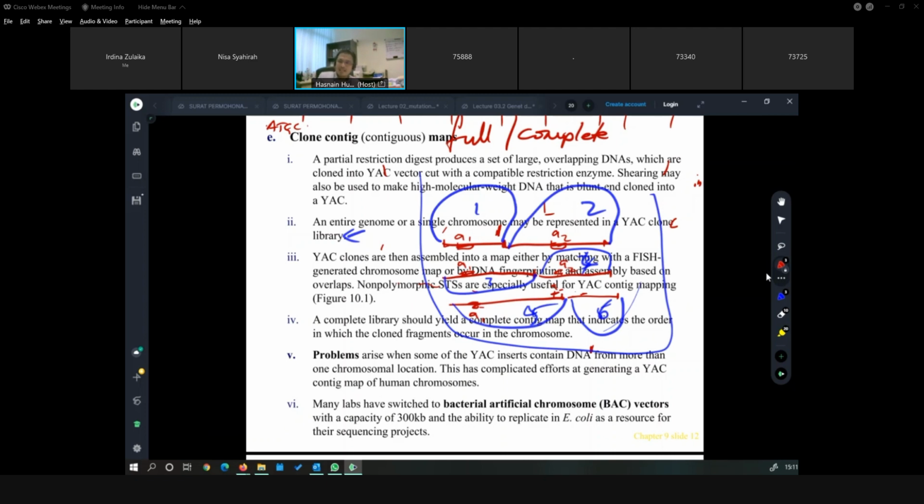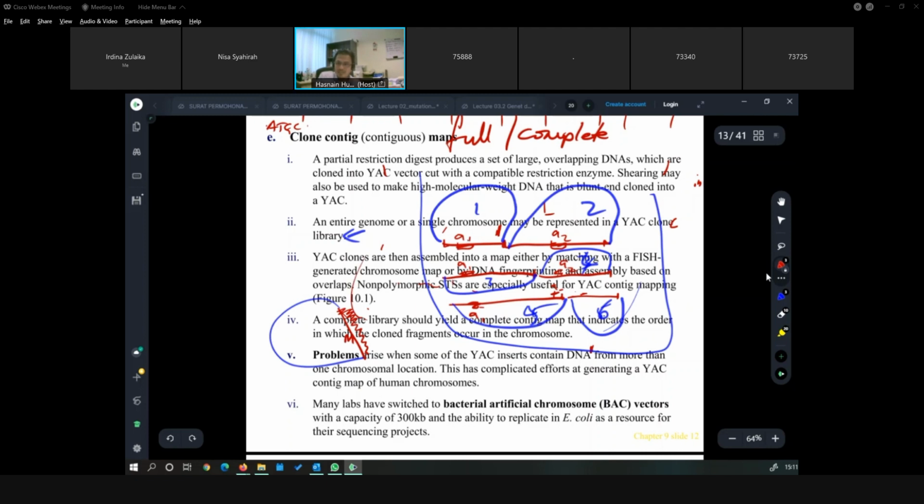Even if I take them away as individuals, as an individual contig map, I now do a sequencing of this. After I obtain the sequence, I will be able to rearrange it back. Because the marker is over here, I know that this belongs to this position.